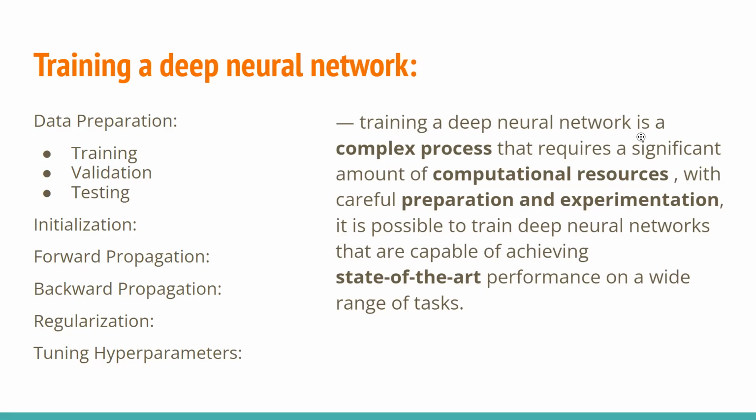Training a deep neural network is a complex process. I wrote complex process because you can imagine that to learn the equation of a given image or given input data, it has to adjust the weights, and it has to understand the pattern. Doing so, it needs a lot of very big computational resources, and you need to understand the hardware capabilities.